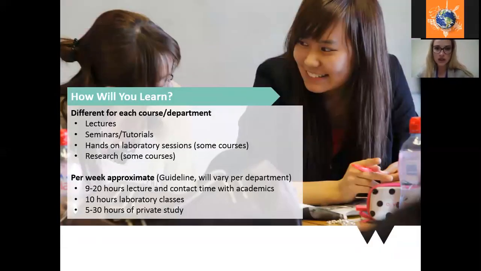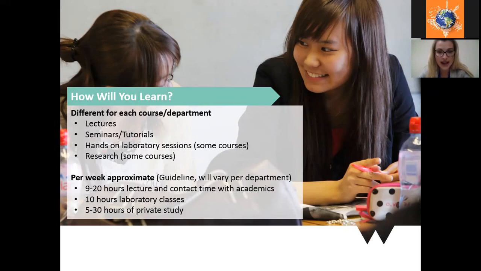So how will you learn here at Warwick? Each department is different, and you'll have a different mix of learning methodologies like lectures, seminars, research, lab classes. But I think here it's really important to say that what you need to expect from any UK university, particularly a Russell Group like Warwick, is that you will have a high amount of private study.